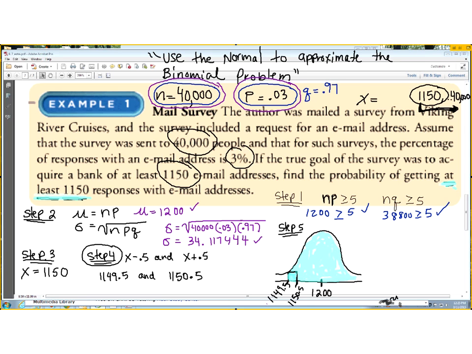I usually put my Z right at the bottom. But now you have to find that horizontal line right at the bottom that represents your Z's. All right, so that's what you're going to see me draw here. It's probably going to cross some of those numbers, but that's okay. All right, so that's my Z.